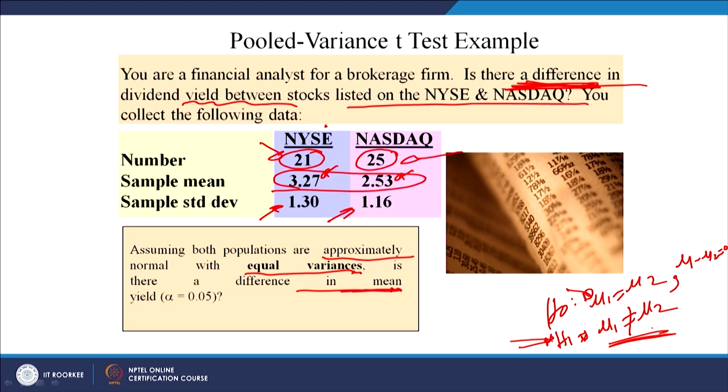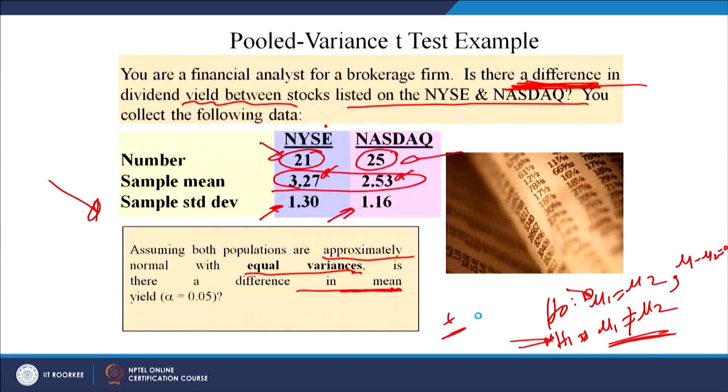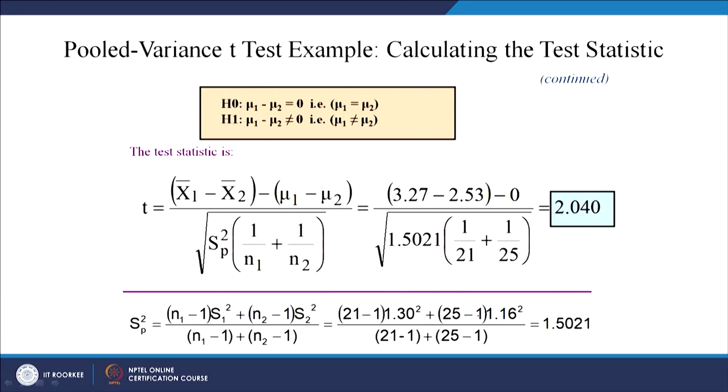Since we have been given sample standard deviation, and sample size in both of these is less than 30. We have seen a case when sample size was 60 and sample standard deviation was given, so we applied t test. So, here we will apply t test.